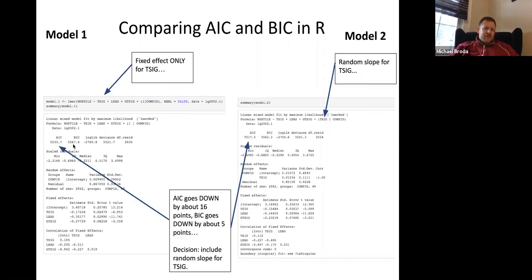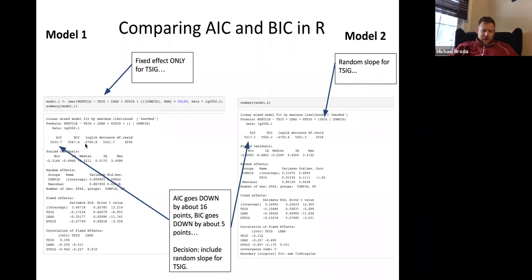BIC started at 5567 and it dropped to 5562. So it went down by 5 points. So both AIC and BIC went down. That's really good. And the decision here would be we want to include the random slope for task significance. So in this case, we actually would include that random slope.